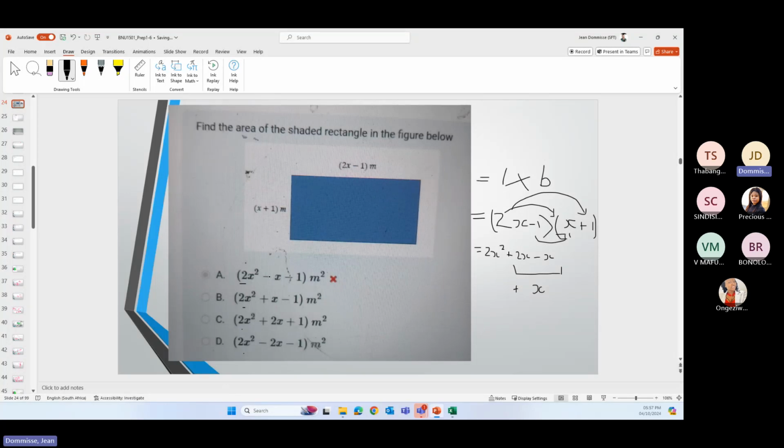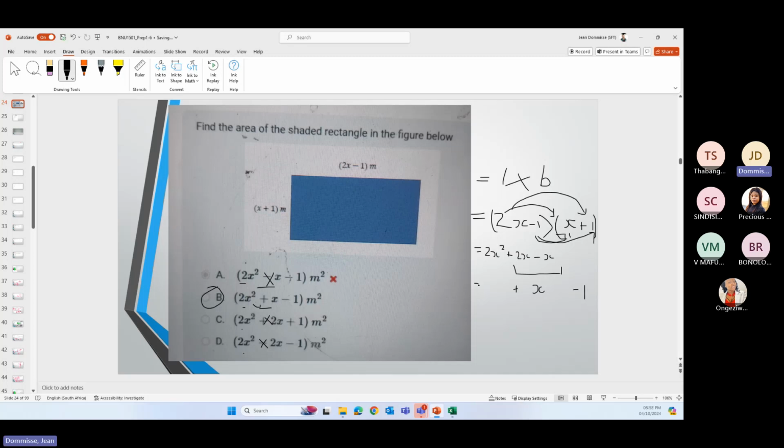So let's look at this. Minus, no. Plus, yes. Plus 2, no. Minus 2, no. So actually, we have our answer, but let's do the last component. Minus 1 times positive 1 gives us minus 1.